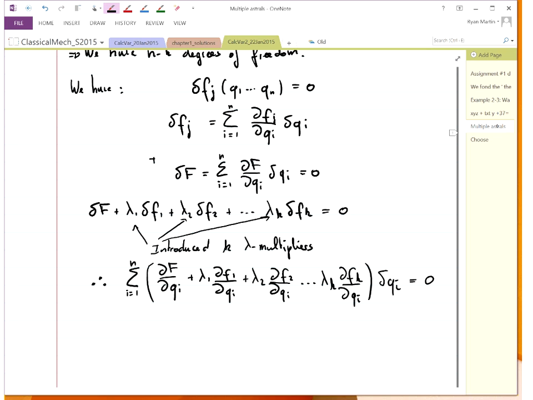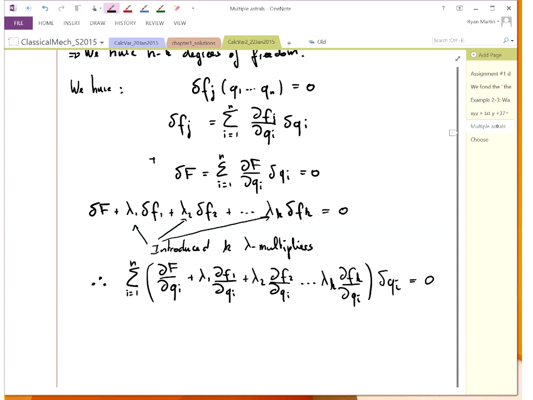Which is what we just did for the example with the box. In this case with the constraint, you're not allowed to vary the delta q's independently. You can't walk in any direction along the surface to find the flat point because there's a constraint. So maybe there's a wall along the surface. That's what the constraint equations are like.